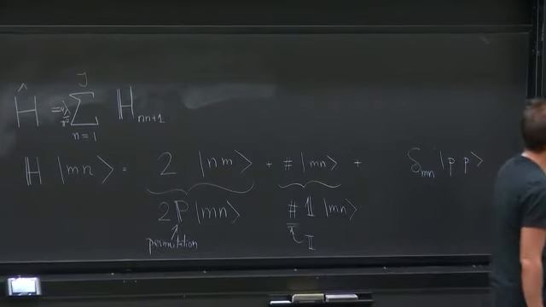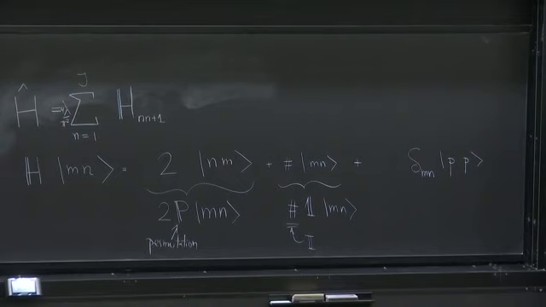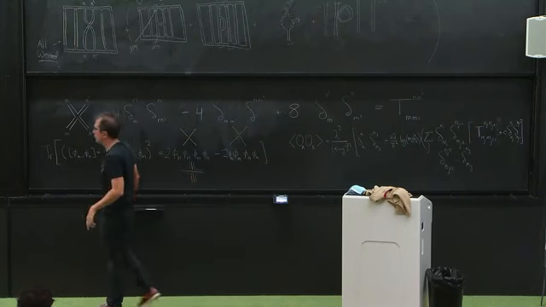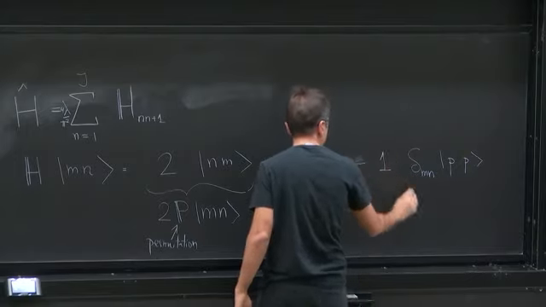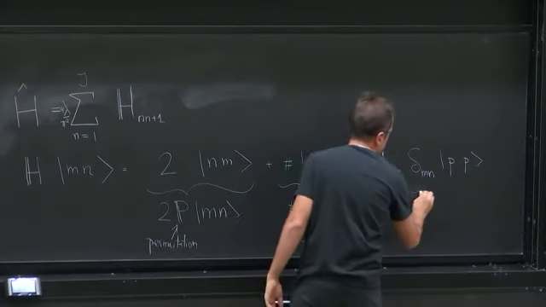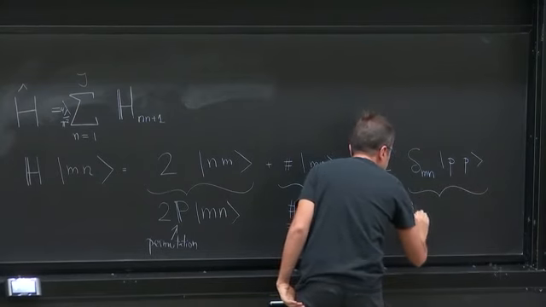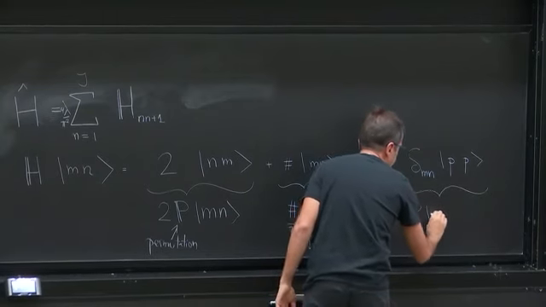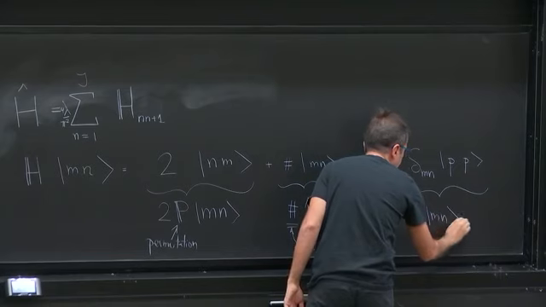This is the possibility of n equal to n prime. It's this term here, that compared to this one that gives 2 would come with a coefficient minus 1. And this would be the definition of the so-called trace operator acting on m and n.